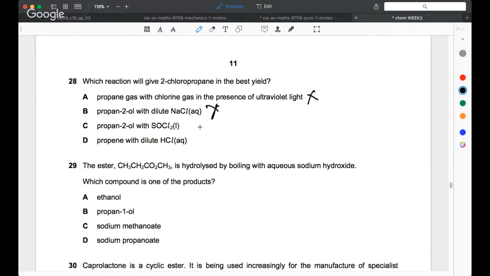This one only reacts with the alcohol group, so it would only have chlorine at the 2 position. The other one would create products in different positions.